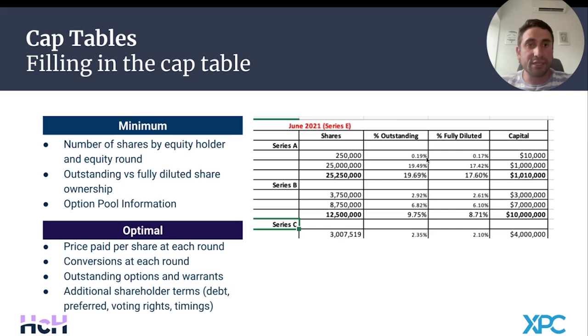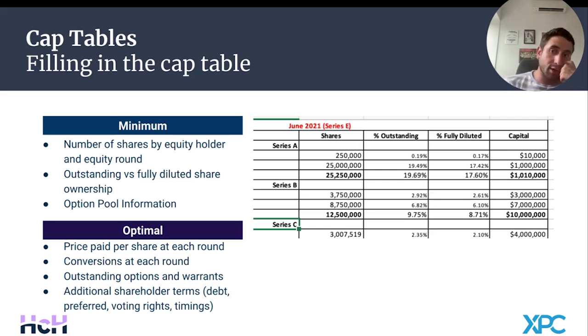You can put the conversions to each round. There is a possibility for things to happen nonlinearly, if there are warrants or additional terms that give investors more shares at a prior round, or a SAFE that can invest at a discount. You can include that logic in there or not.